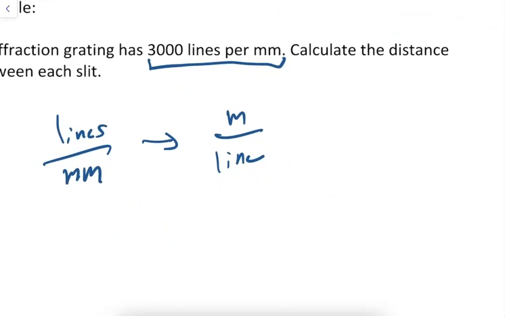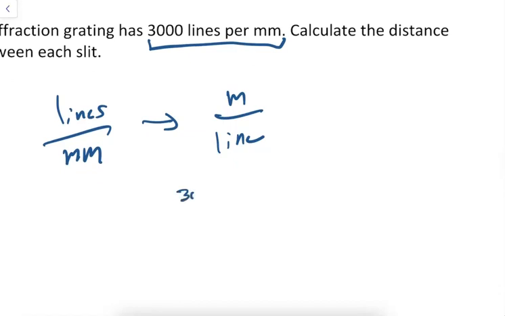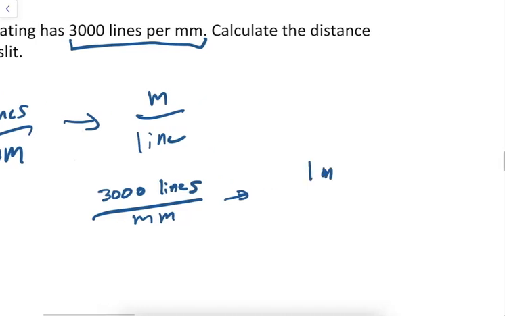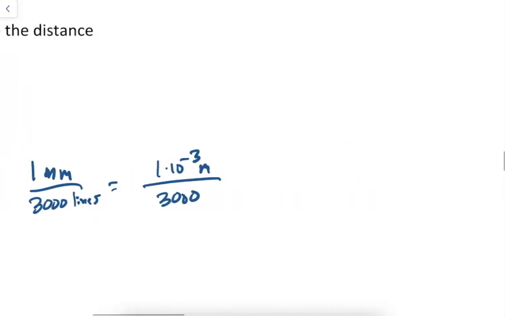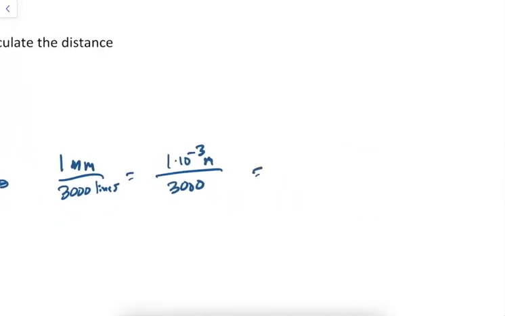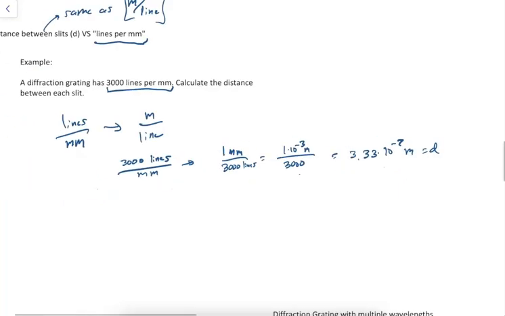It's an inversion and a conversion of millimeters to meters. So if I have 3,000 lines per millimeter, I'm going to say that's 1 millimeter over 3,000 lines, which is the same as 1 times 10 to the negative third meters divided by 3,000. If you do this, you end up with 3.33 times 10 to the negative 7th meters. That is my meters per line, which is the same thing as my d.